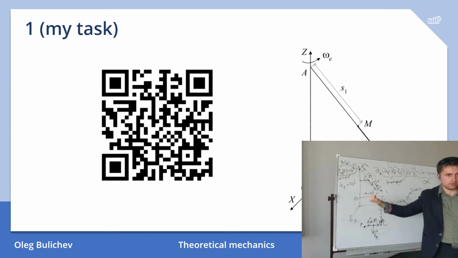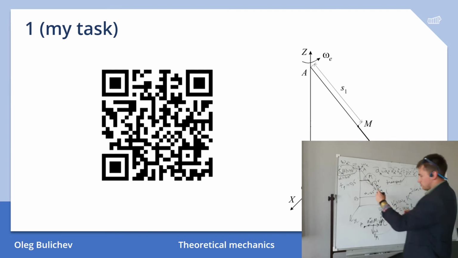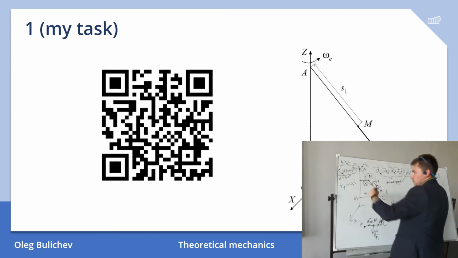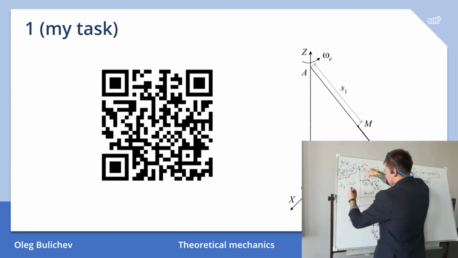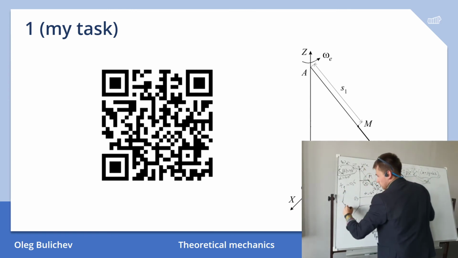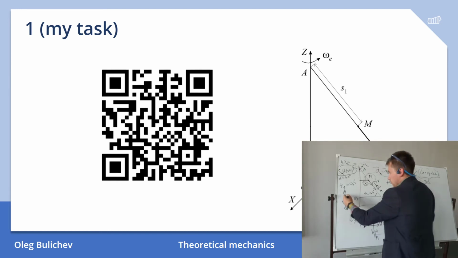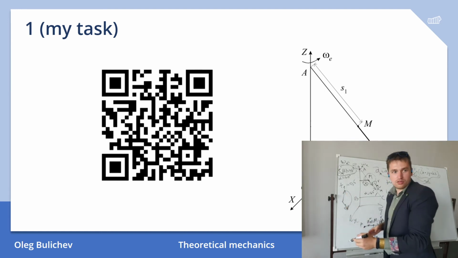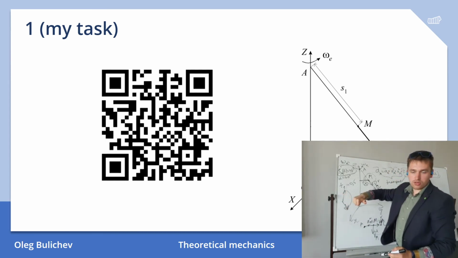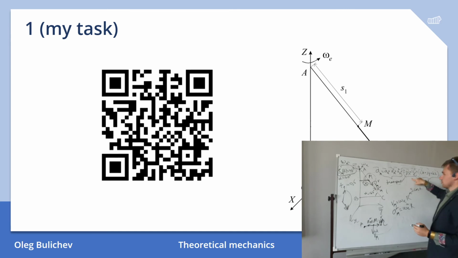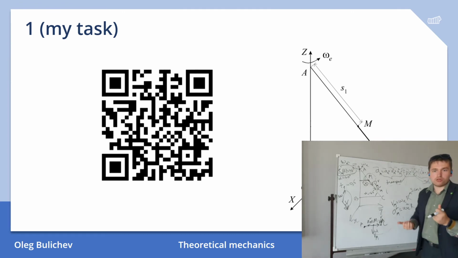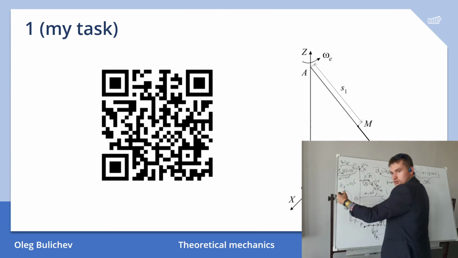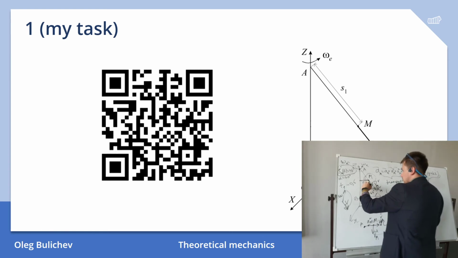They will be arrows. Why? Because in this case we have one and one. It should be perpendicular, so it will be this one. Did you get this? This is omega, this one is V. This one is on the plane, yes. And perpendicular to this, yes. It will be Coriolis, A Coriolis.